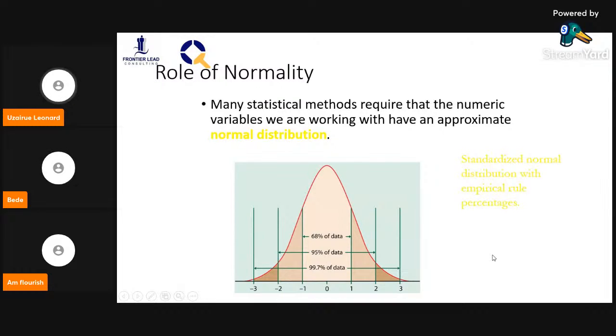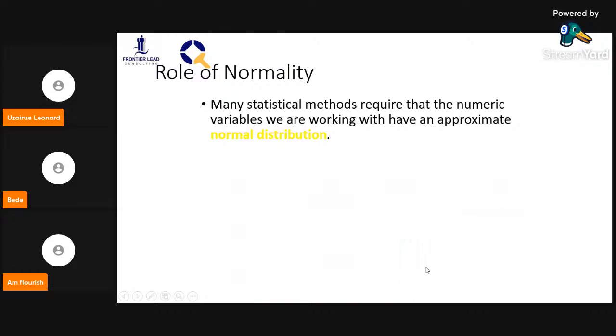So basically, when you draw a histogram, this is how a histogram of normalized data looks like. So meaning that if you draw a histogram of your data set and it doesn't look like this, then that data is likely not to be normally distributed.